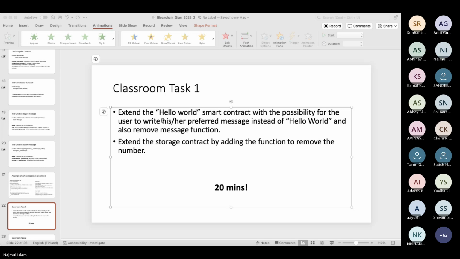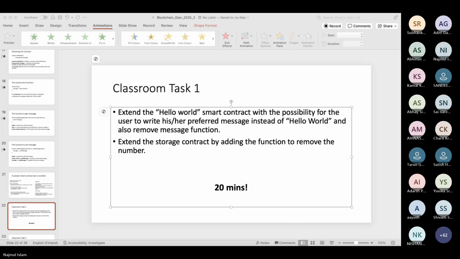Just a moment. So this is for removing the message, which I just sent.